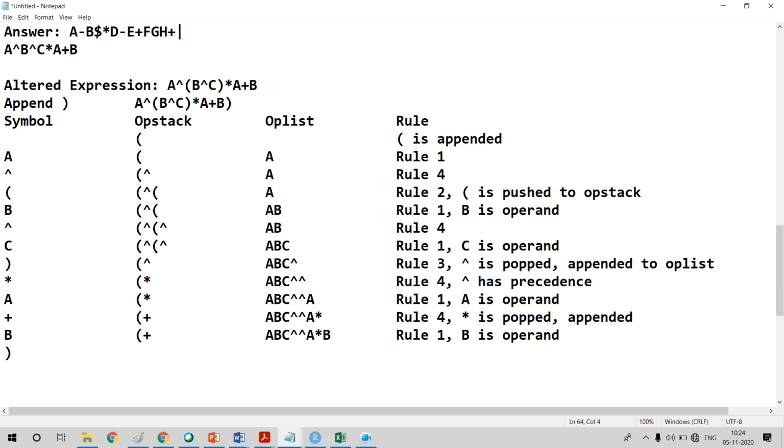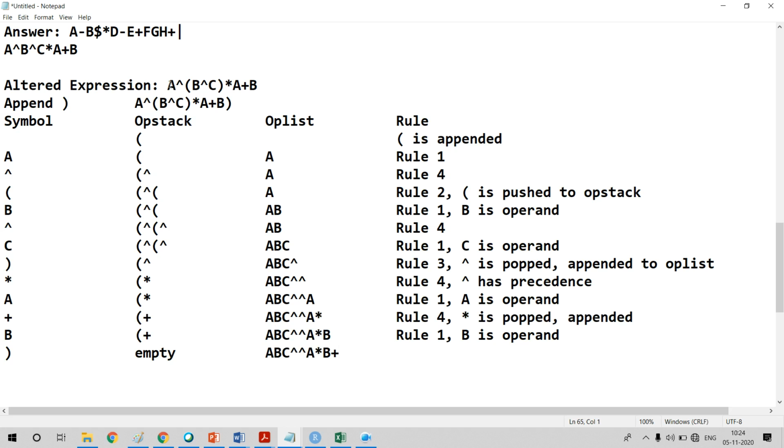The last symbol, the one extra bracket we added. When that closing parenthesis appears, till the corresponding open parenthesis, all the operators in OP stack must be removed. Those removed operators must be added to OP list. Here, after removing plus, OP stack becomes empty, plus is added at the end of the expression.